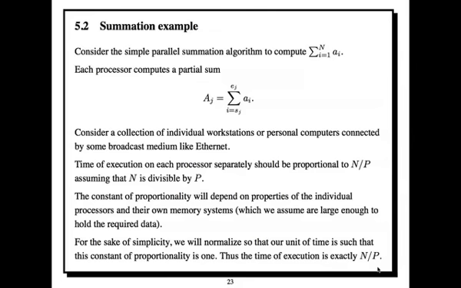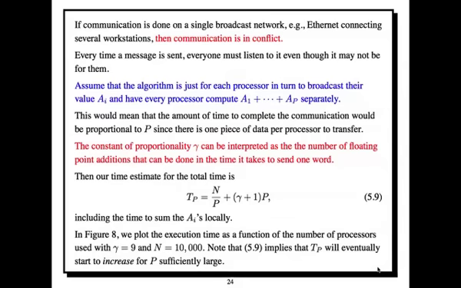So let's suppose that in our summation problem, the time of computing is n over P because we divided this up into P, let's say, exactly divisible parts. And then to do the communication, we have to have an amount of time proportional to the number of processors.